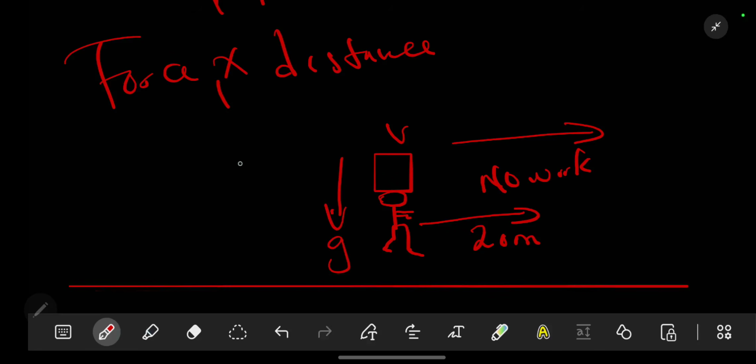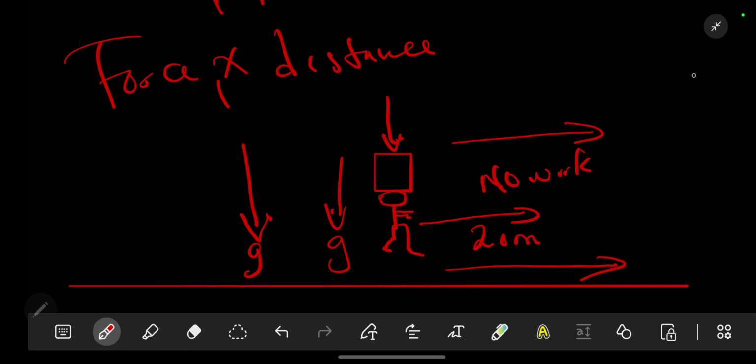The force of gravity is acting downwards on this object, but the person is moving in this direction. Then that means no work is produced. So this is very cardinal and important for us to understand the concept of work, energy, and power. The distance has to be in the direction of the applied force.